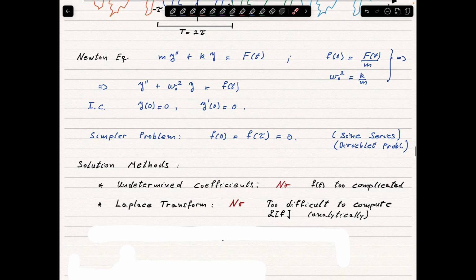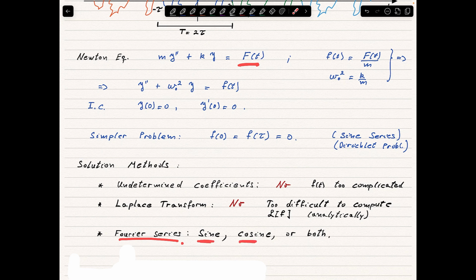Or another method that we can use is to decompose the complicated force, the complicated signal, into a Fourier series in terms of infinite terms with the sine and cosine or both. In this case, because of this extra condition, it's going to be only sine functions.